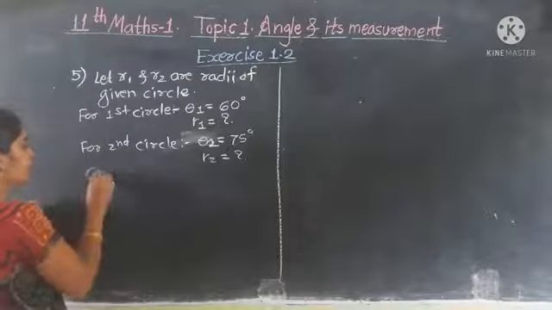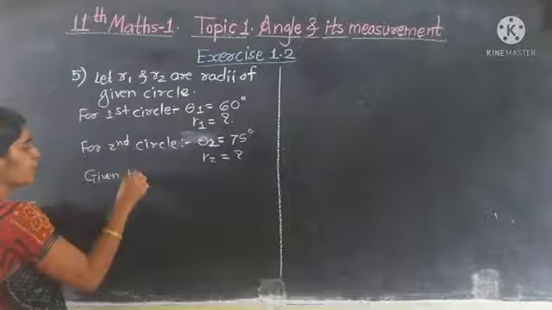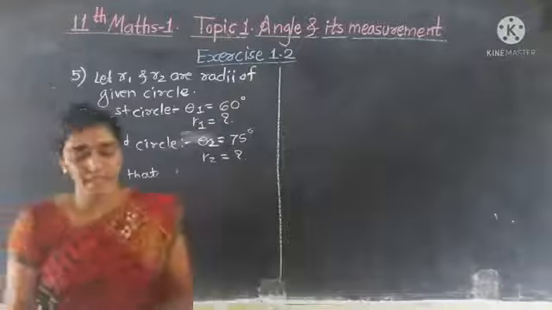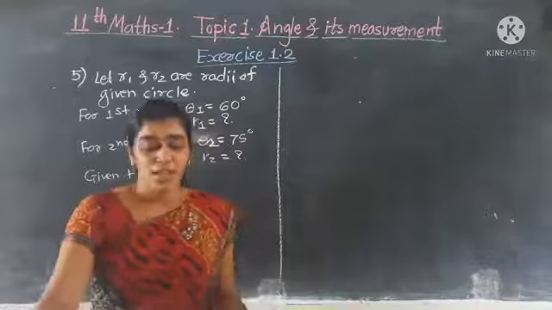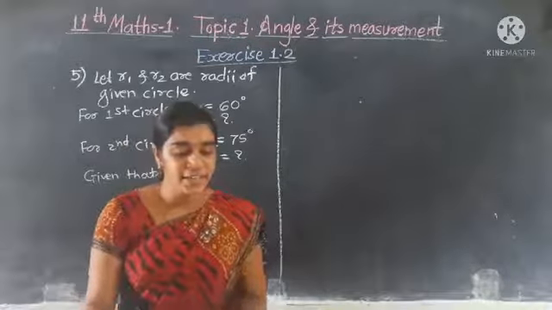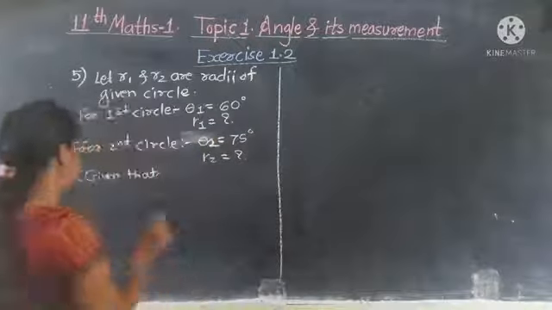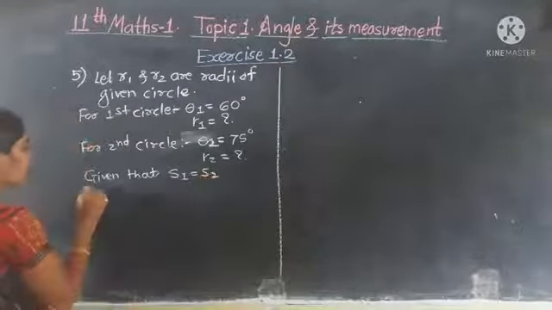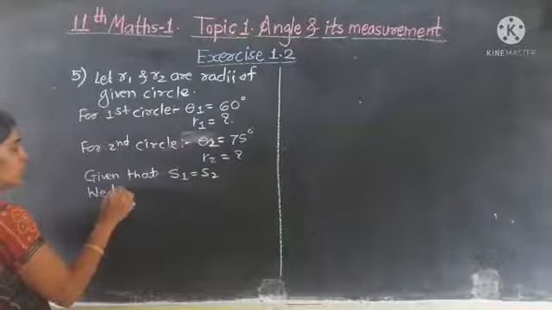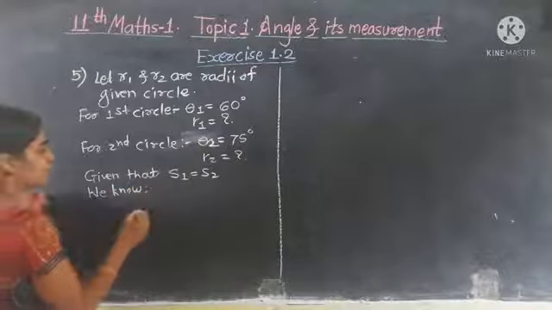And given that, what is given? See, two arcs of the same length subtend. दोन्हीचे आर्कची लेंथ काय दिलेली आहे तिथं सेम दिलेली आहे. मीन्स हियर S1 and S2 are same given. We know the formula for S1.